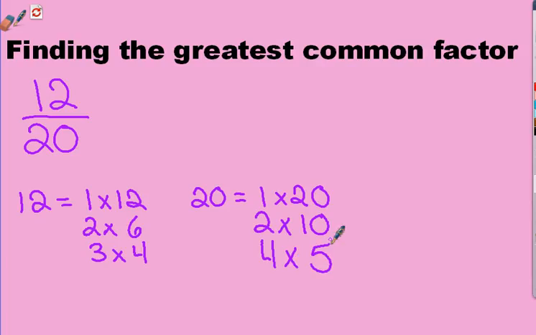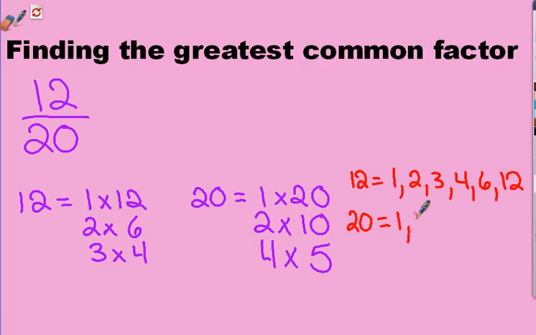And that's it. So my factors for both numbers. For 12, it would be 1, 2, 3, 4, 6, and 12. For 20, it would be 1, 2, 4, 5, 10, and 20.